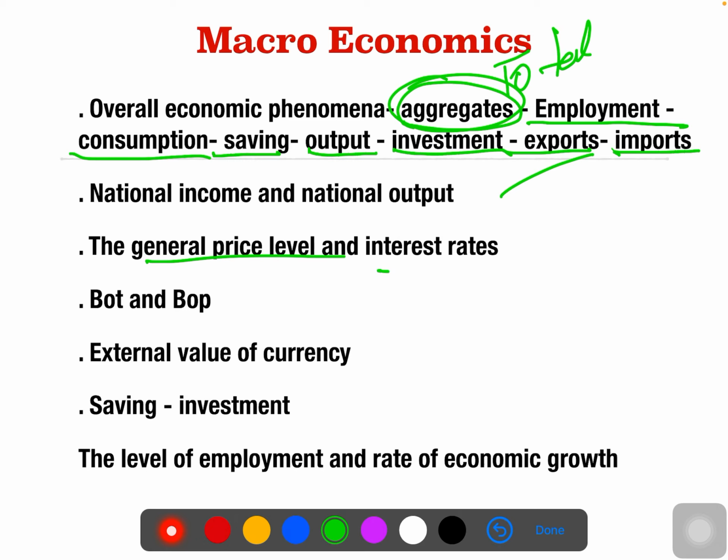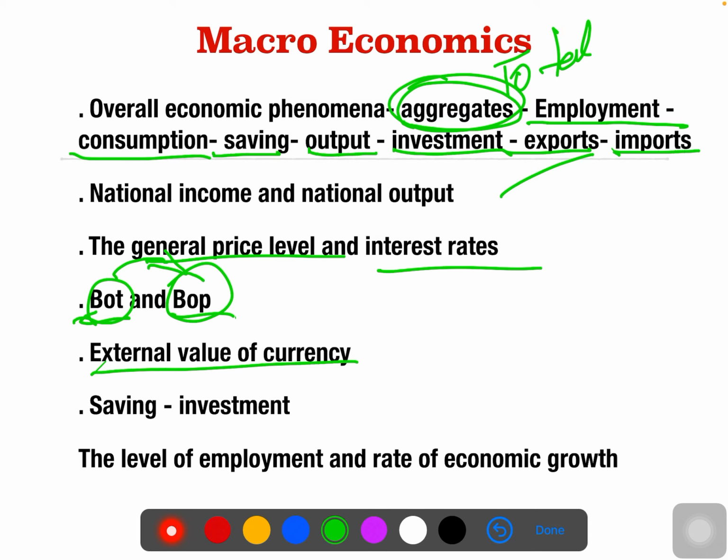Whenever you do any international transaction, a record is maintained to know how much we are exporting, how much we are importing, how much we are transporting financially, how much money we are borrowing. All that information is recorded for a one-year period, and that's called BOT and BOP. BOT is a concept within BOP. In future we'll talk about that.